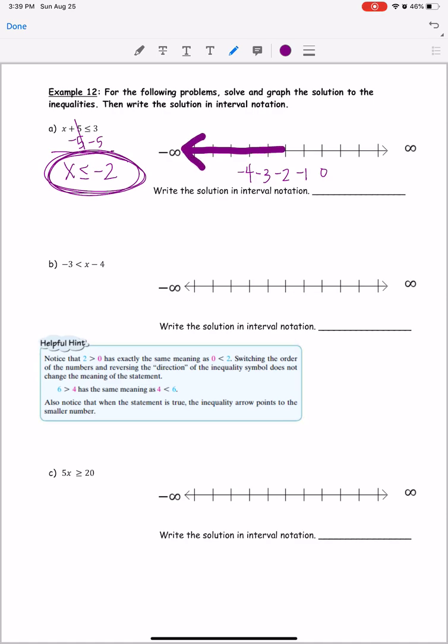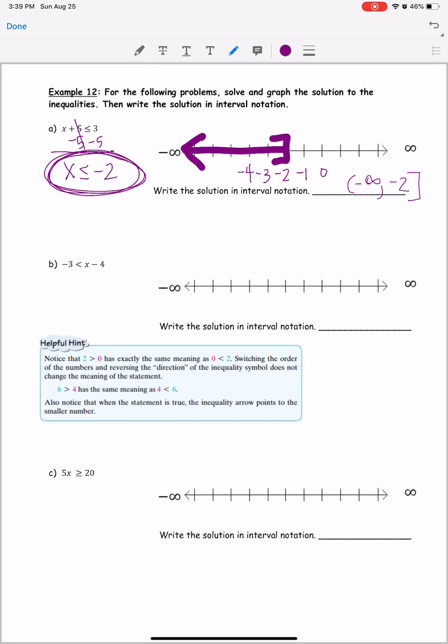And then because it's got the bar under it, that means it's a bracket, and so I've got a bracket. So now I'll write this in interval notation. It's pointing to the negative infinity side. So we've got parentheses, negative infinity, comma. It's going all the way to that -2, and that -2 has a bracket, so bracket as well.